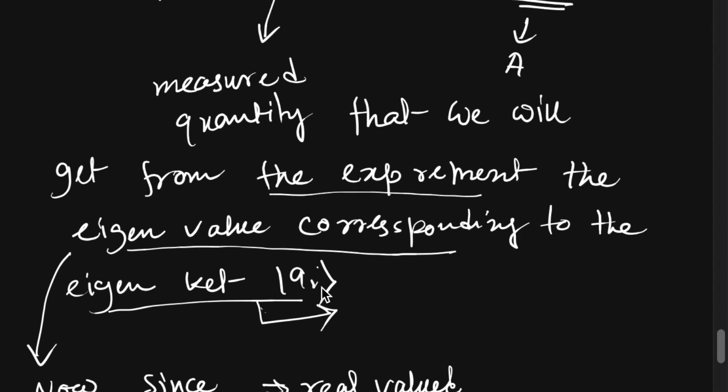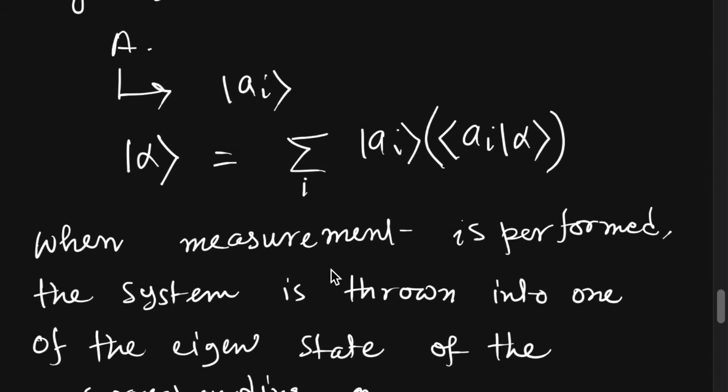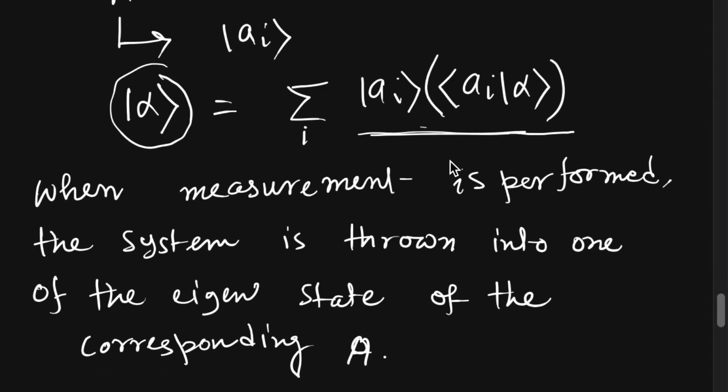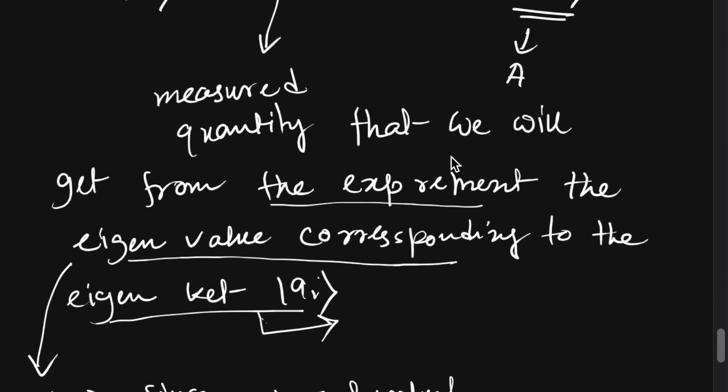And we can also represent any state in terms of the eigenkets of a Hermitian operator, since the eigenkets of a Hermitian operator are orthogonal to each other.